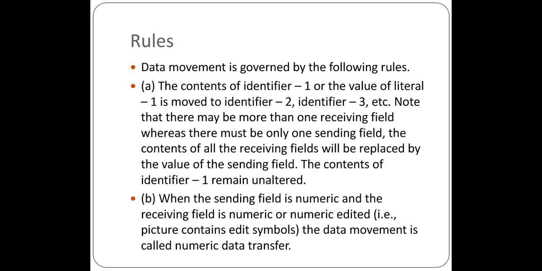Then we have some rules to be followed while using the data movement verb. The first rule: the contents of identifier 1 or the value of literal 1 is moved to identifier 2, identifier 3, or any number of identifiers, which is why I have mentioned etc. There may be more than one receiving field, whereas there must be only one sending field.